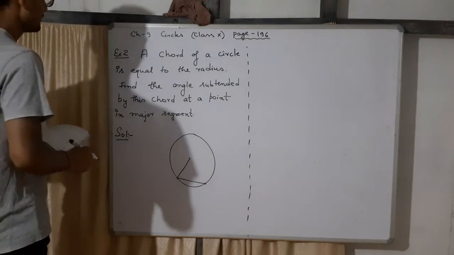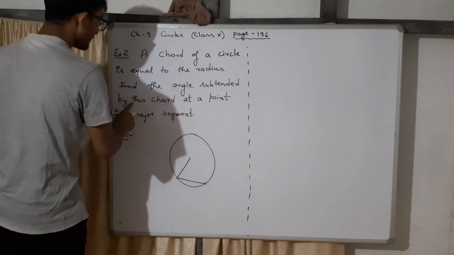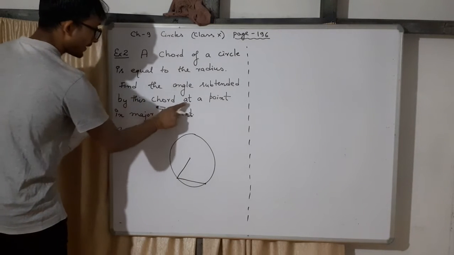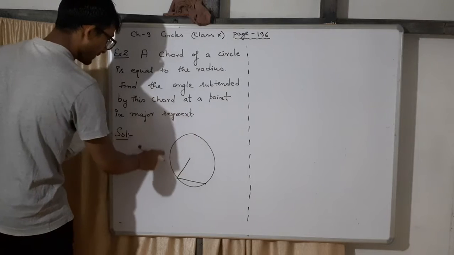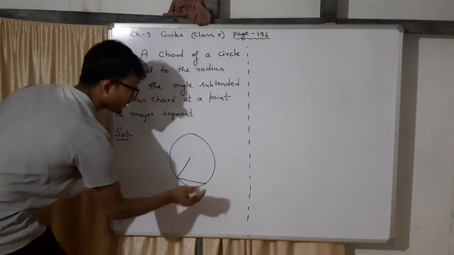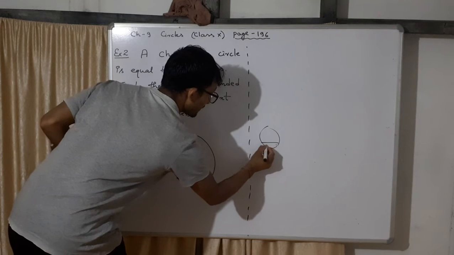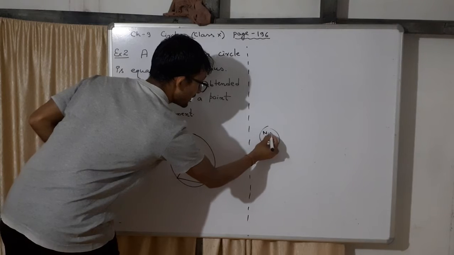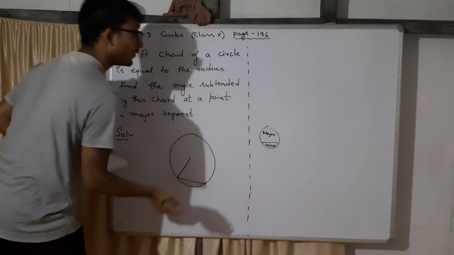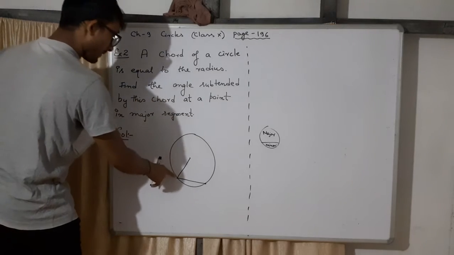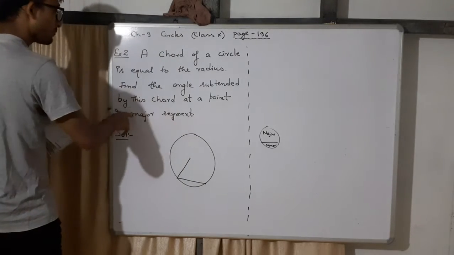Now find the angle subtended by this chord at a point in the major segment, not below this. If this is the chord, this is minor segment, this one is major.